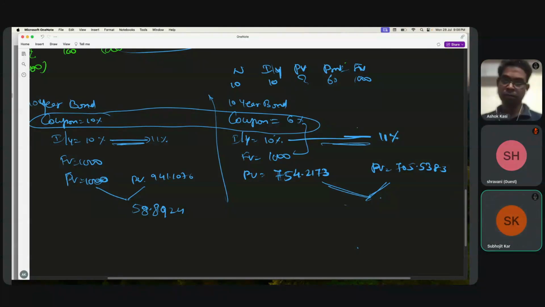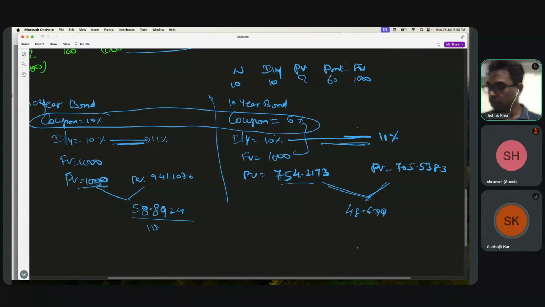And here, right hand side, it is 48.679. Now I don't know, see the base is different. So in order to find out which is more sensitive, I will convert this into percentage. So percentage means what? Divided by 1000 into 100.